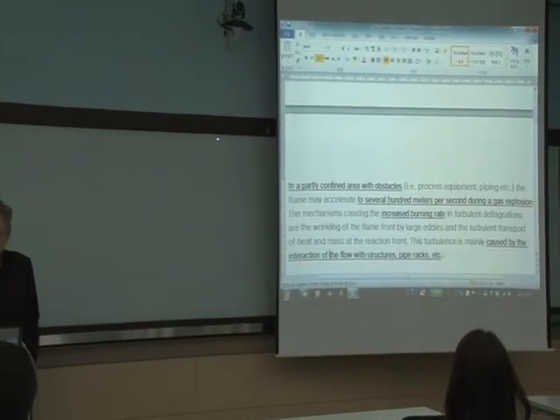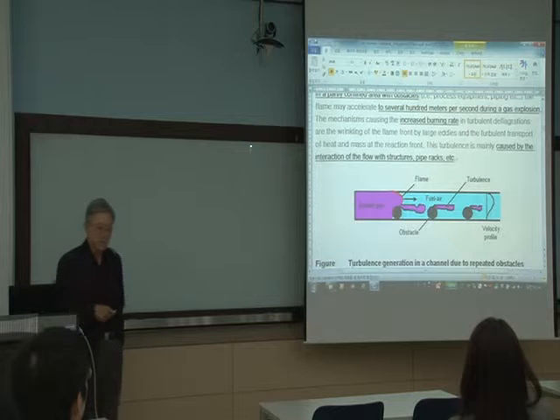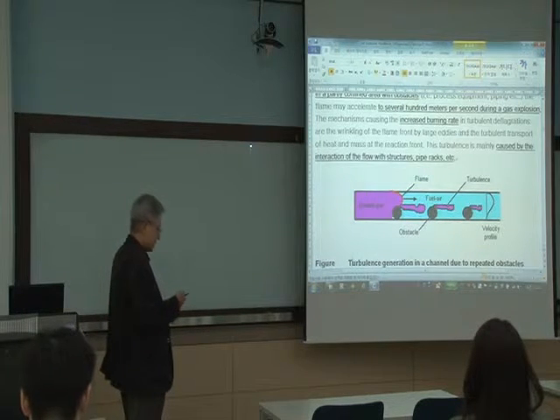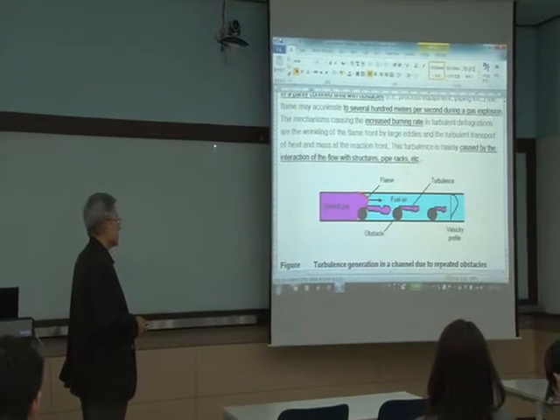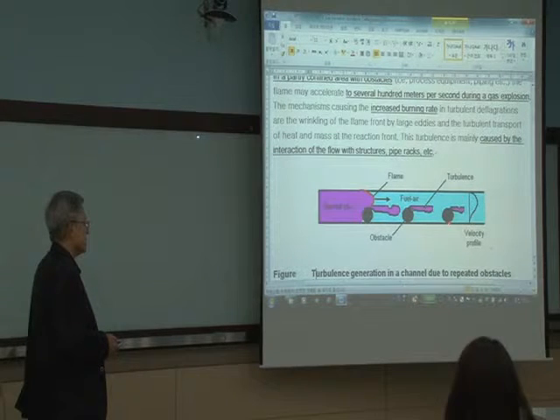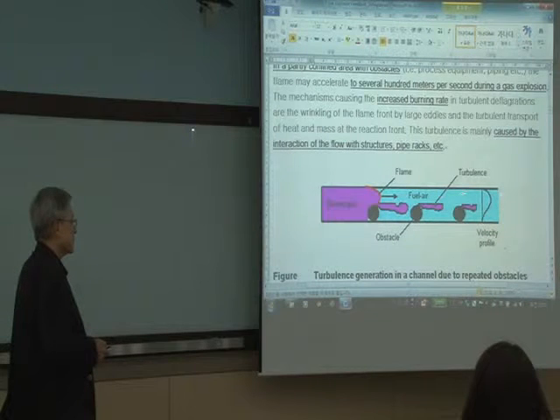And I think we talked briefly at the last minute on Wednesday. So this is like a burned gas. This is a tube type here. And these are obstacles here. And the fuel-air mixture will just flow through here.